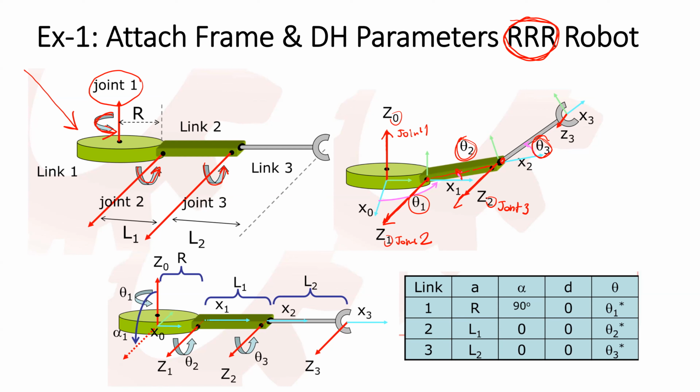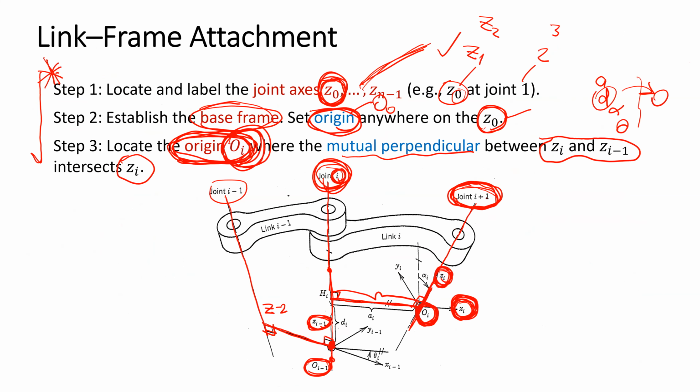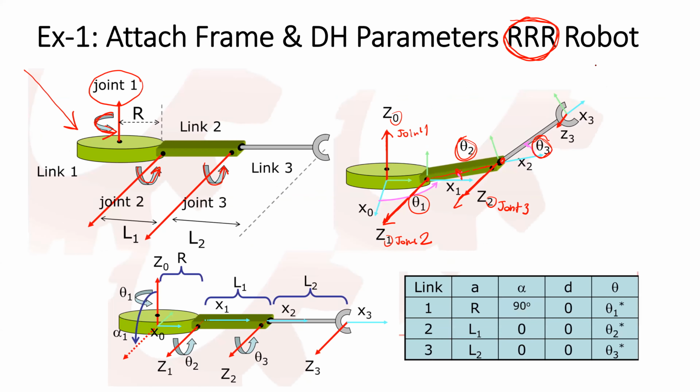How about the second step? We need to set the origin of the base frame somewhere on the Z0 that makes most of the parameters become 0. So if you see this, you have the Z0 here.